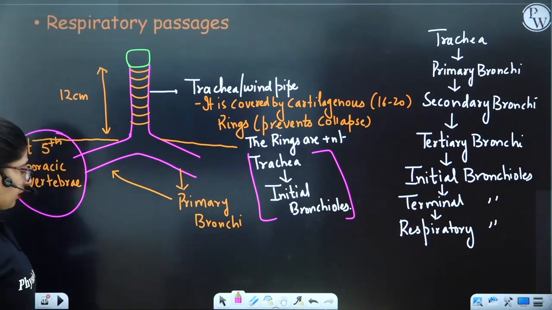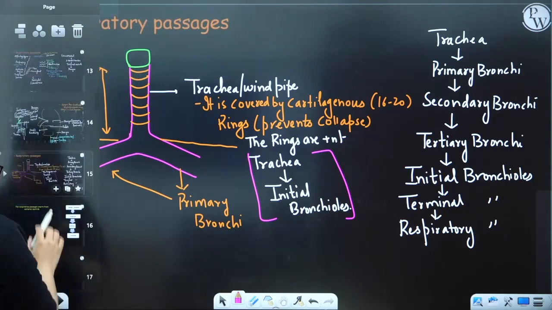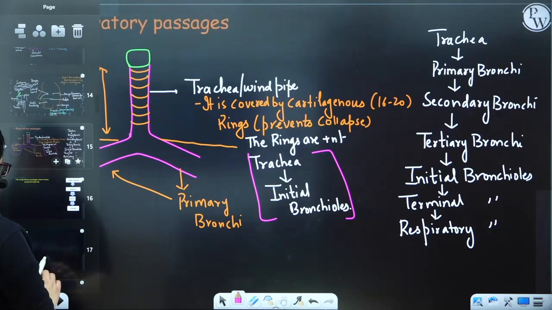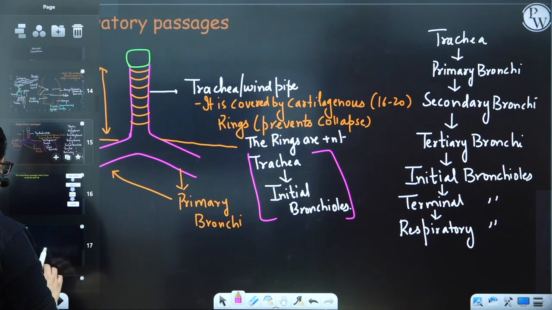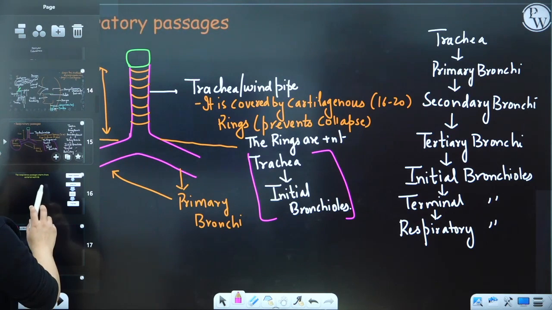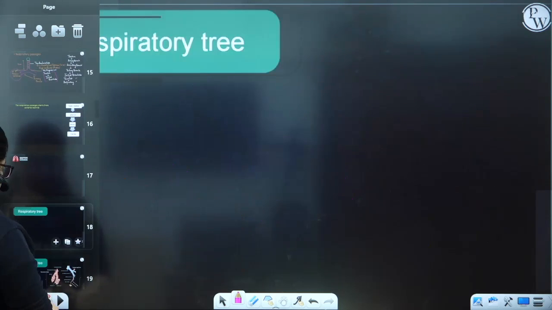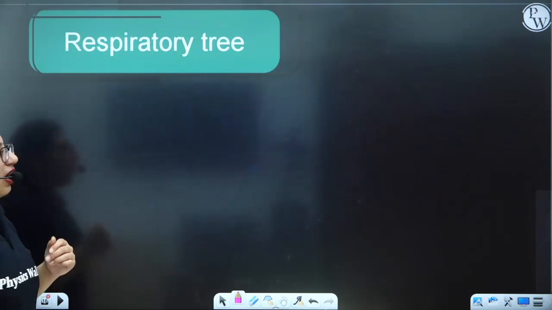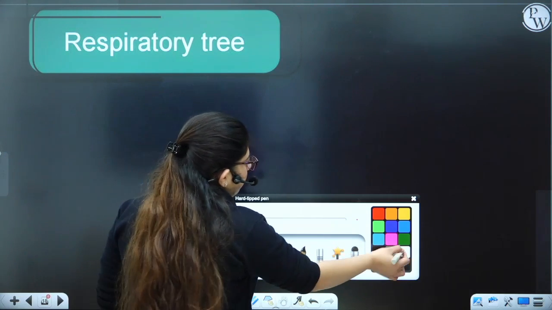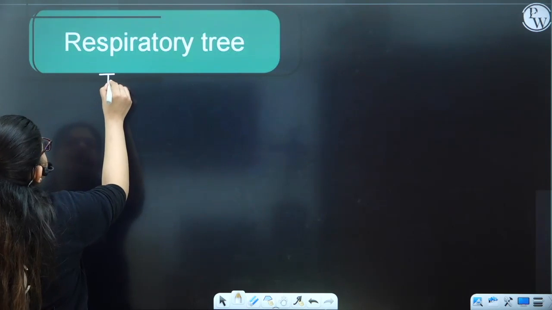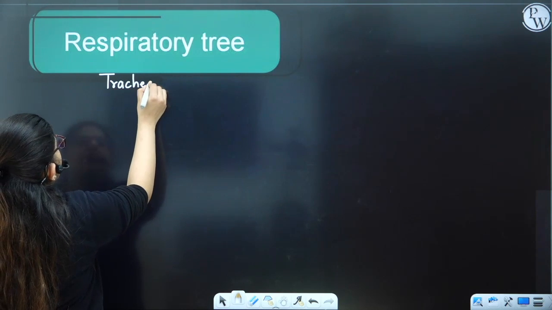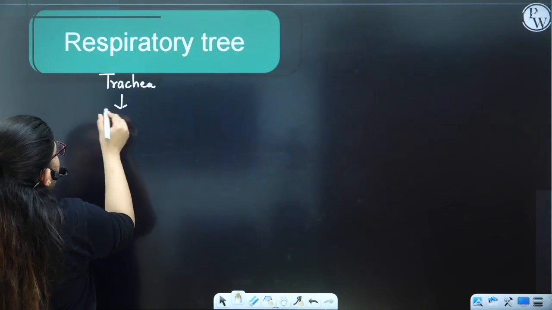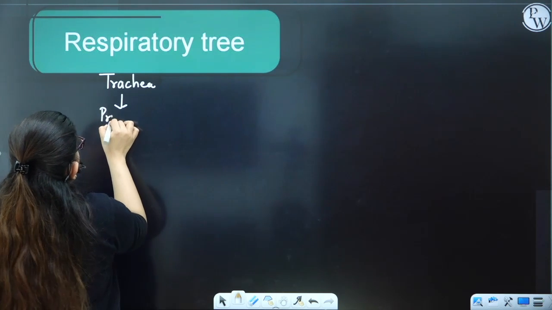Okay, moving further, let's talk about the respiratory tree in more detail. Okay, so I have told you, let's write it again. There is no harm in it. So it starts from trachea. From trachea, we have moved to primary bronchi.